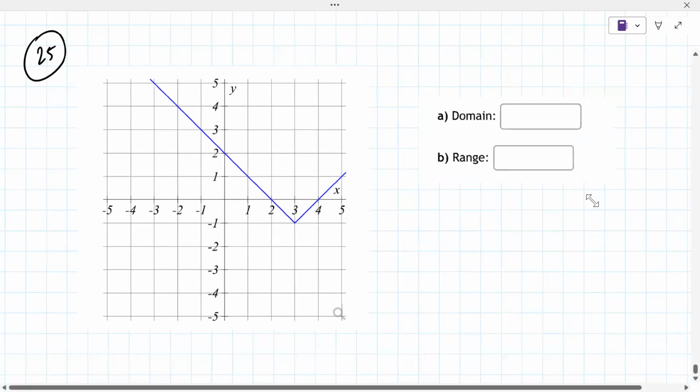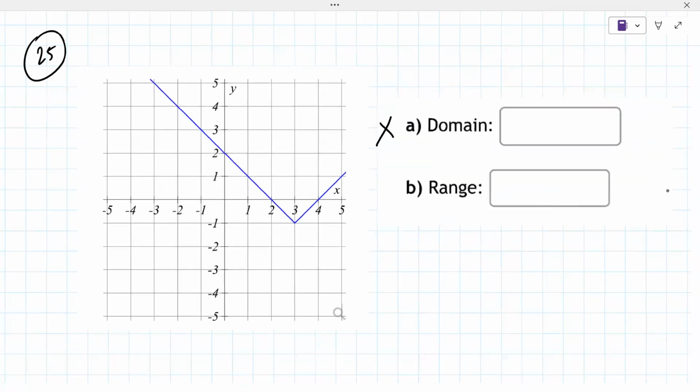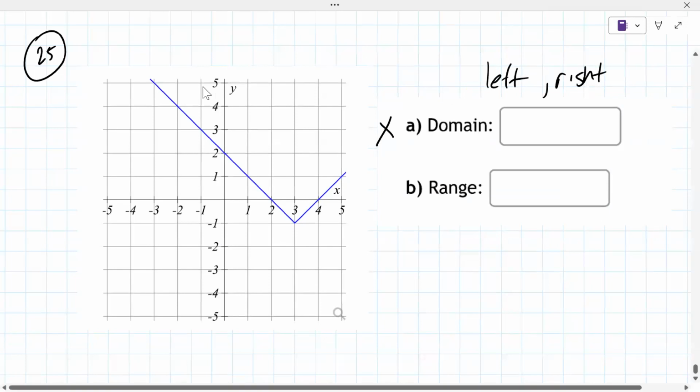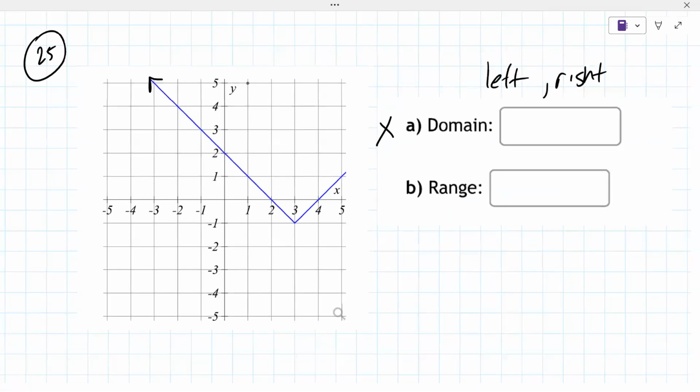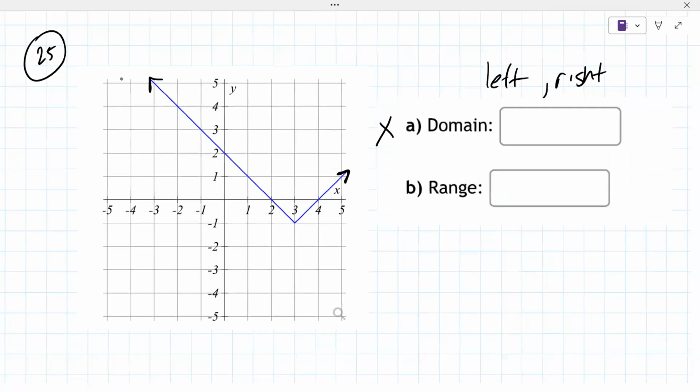Domain is the set of X values. So the X values here. It's basically how far left to how far right. And how far left does this go? Well, it looks like it goes up forever, but it also goes left forever. Same thing over here on the right.